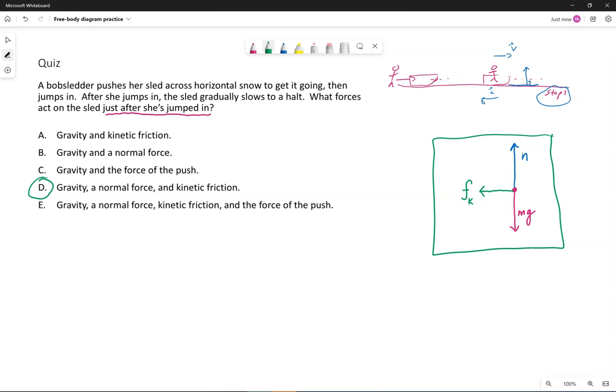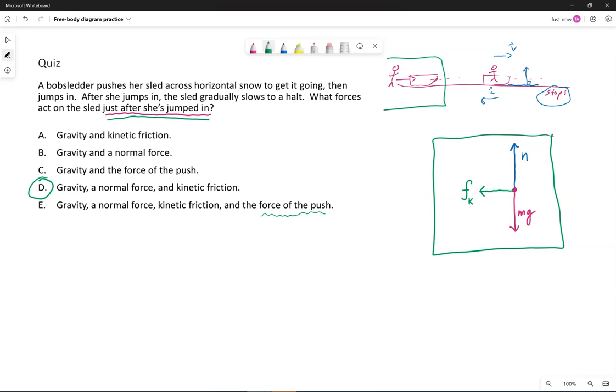It is common to want to put in a force of the push. That would be true if the problem asked us about the period of time while she is pushing on the bobsled, but not at the period of time just after she's jumped in.